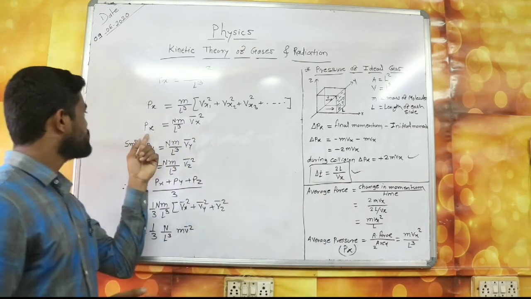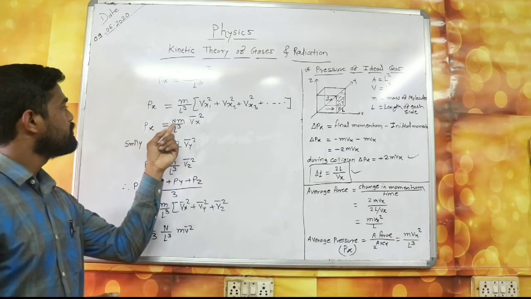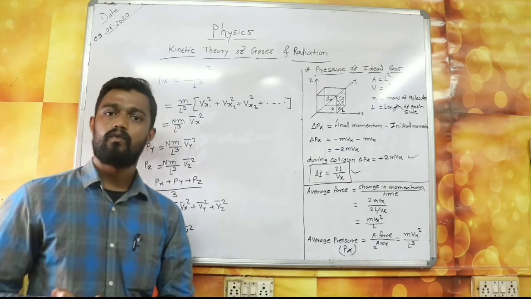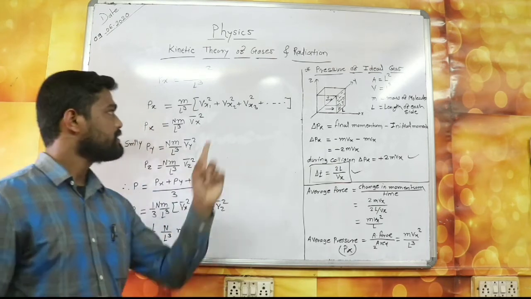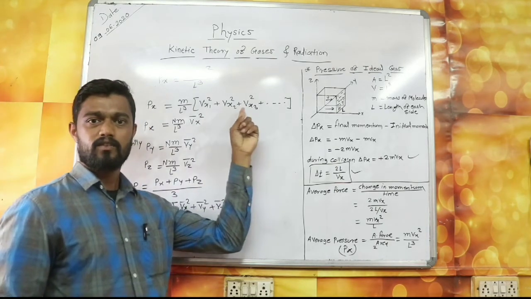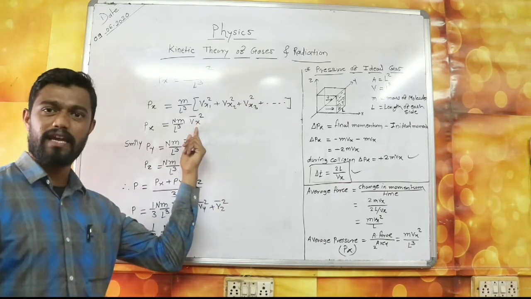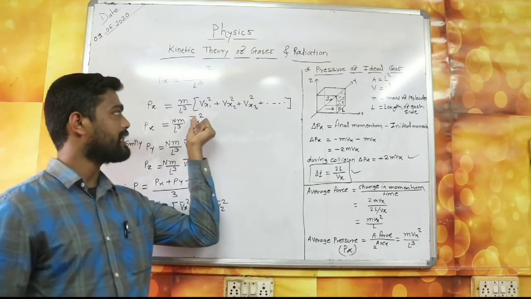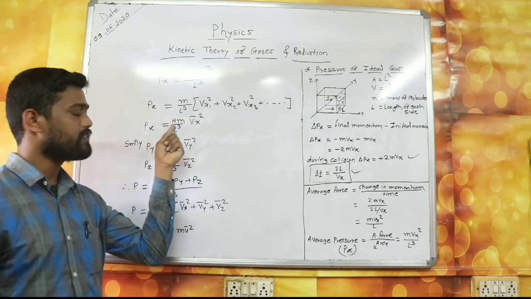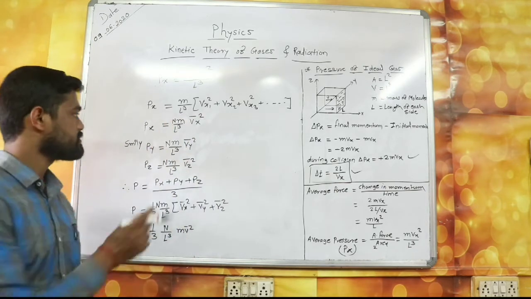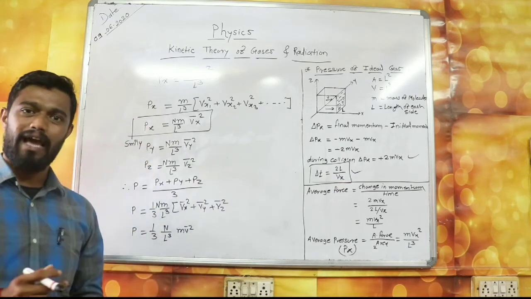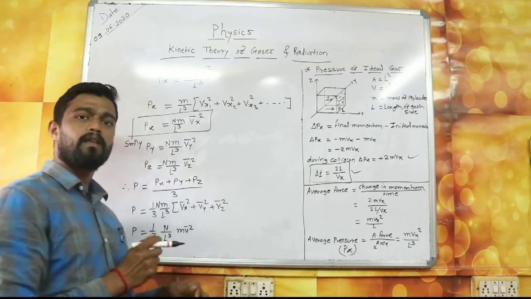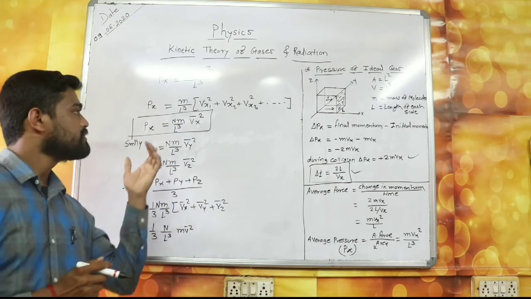So next, Px is equal to n into m Vx bar square upon n. This is a summation, so we take the mean of Vx square. When we take the mean, it will be bar, and n number of molecules is present. So we get the equation Px is equal to nm upon L cube Vx bar square.